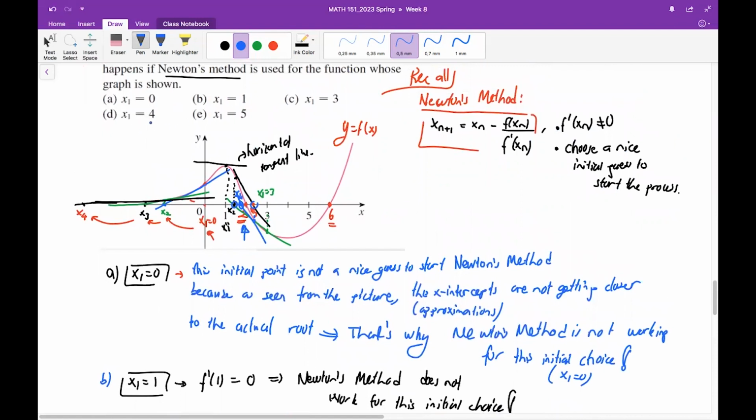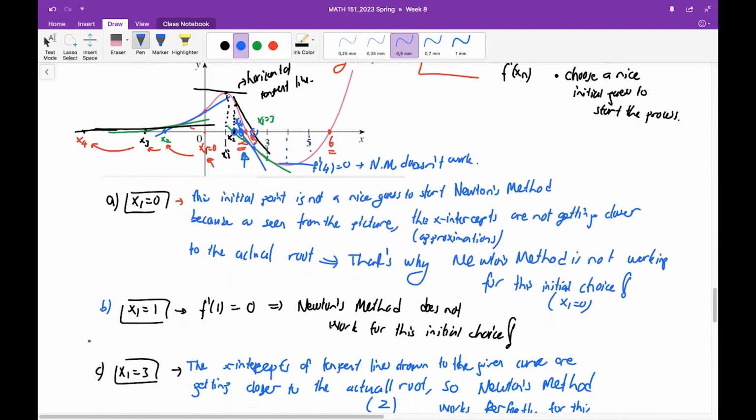For x equals 4 here, I think the situation is the same as for x1 equals 1. The horizontal tangent line, so the first derivative is 0. Newton's method does not work for x1 equals 4. For x equals 5, the situation will again be similar to the case when x1 equals 3.